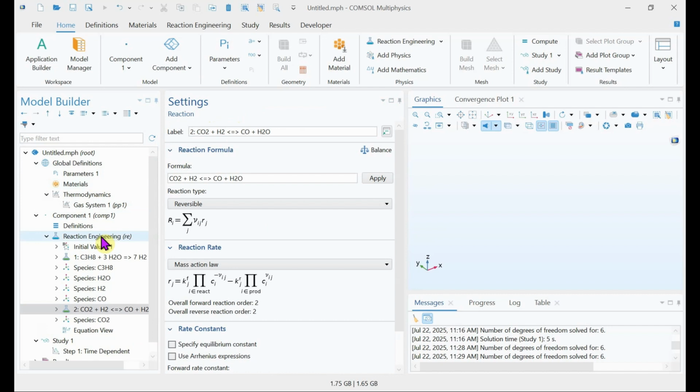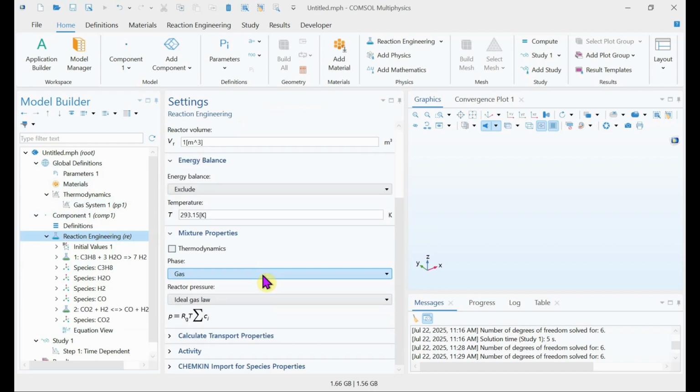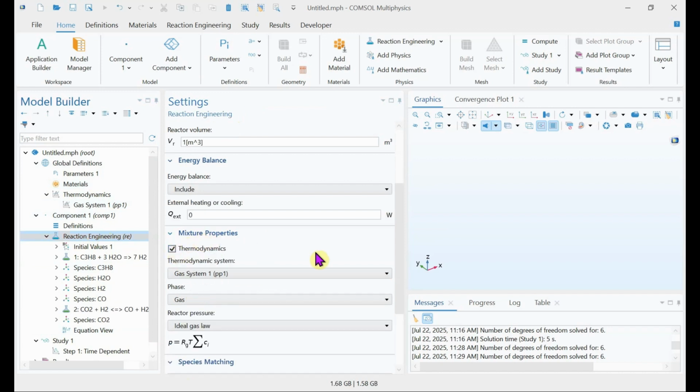Next step, we need to link the thermodynamics of these species to the reaction engineering. I click on reaction engineering, and here are the mixture properties. Check the thermodynamic system that can be used here, which is gas system 1. Yes, here we use gas system 1.